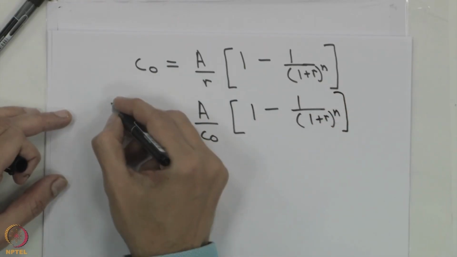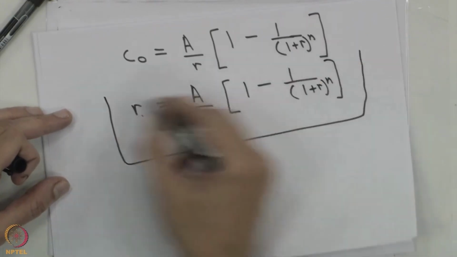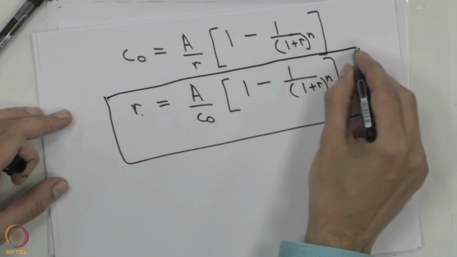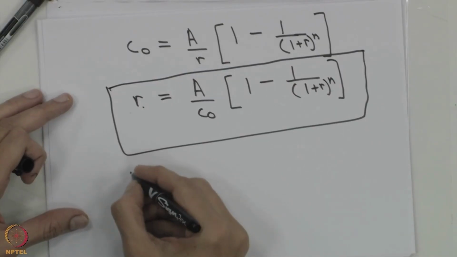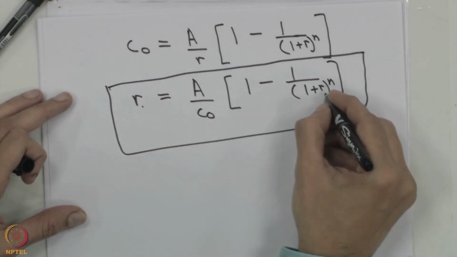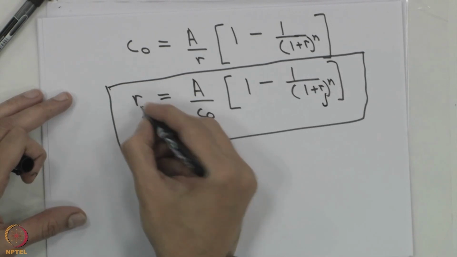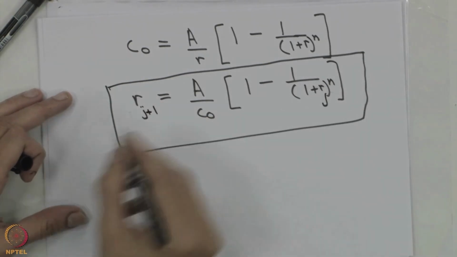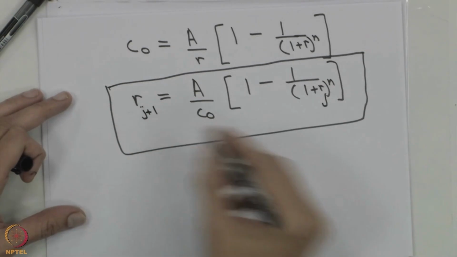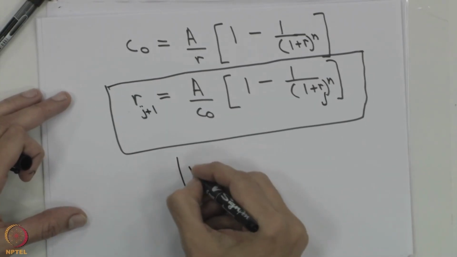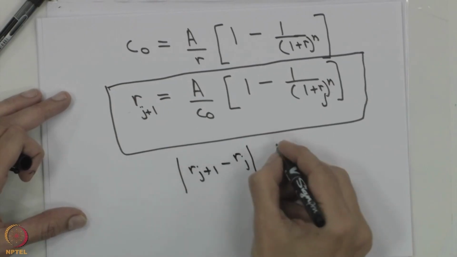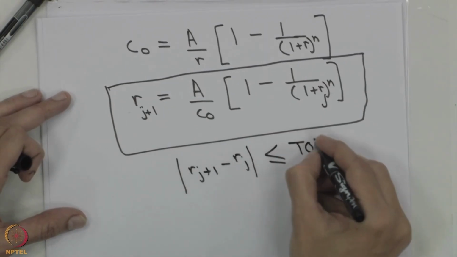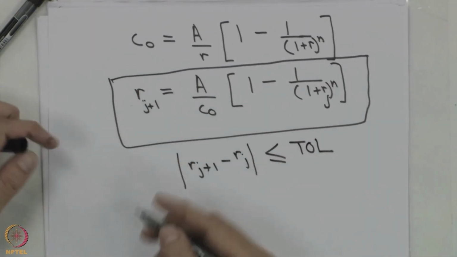So, we can start with this equation and an assumed value of R. Let us take R_j and update it to get the new value R_j plus 1, and keep iteratively solving till the modulus of the difference is less than or equal to some tolerance value. So, this is one way in which we can solve and get the internal rate of return.